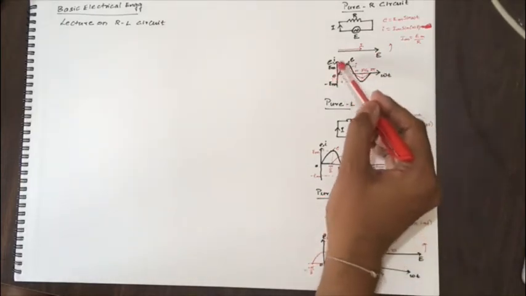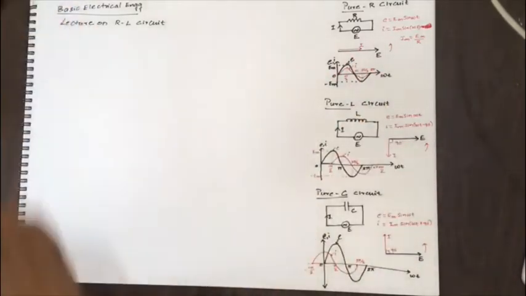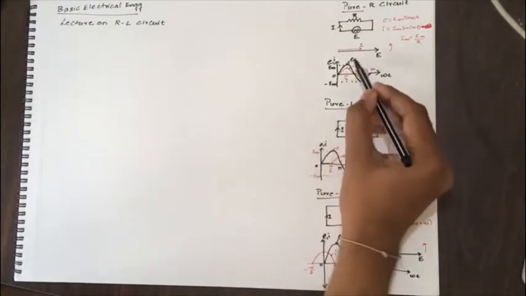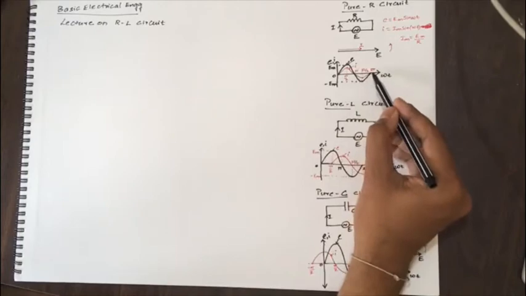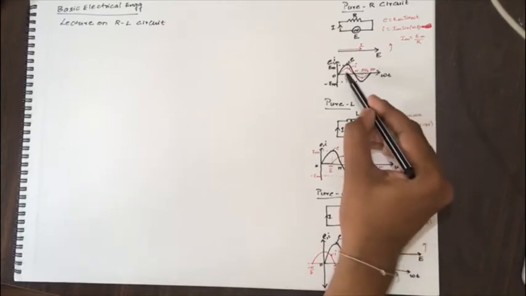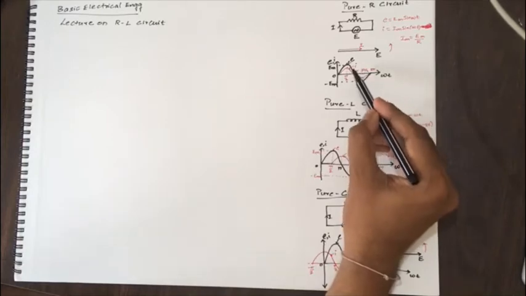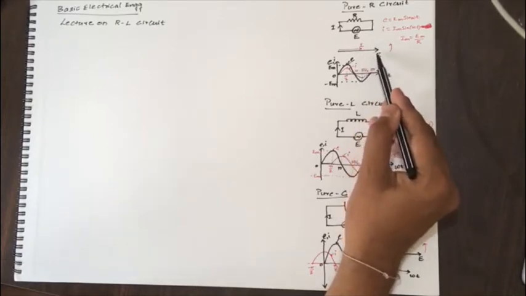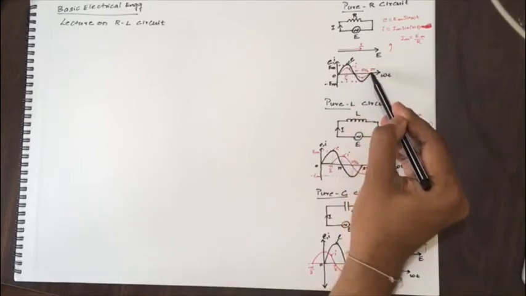When we draw the waveform, voltage E is starting at omega t equal to 0, completing its one cycle at omega t equal to 2 pi, reaching its positive maximum at pi by 2, negative maximum at 3 pi by 2 radians. Because current I and E are in phase, the current I will also take the same values with respect to omega t.